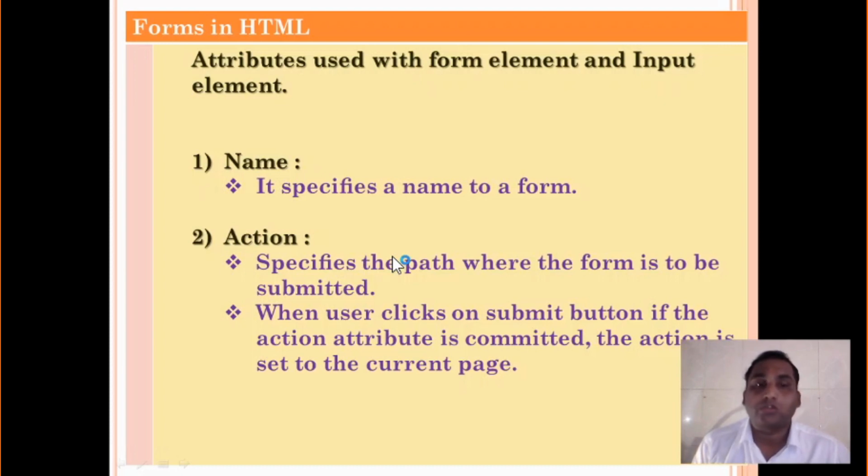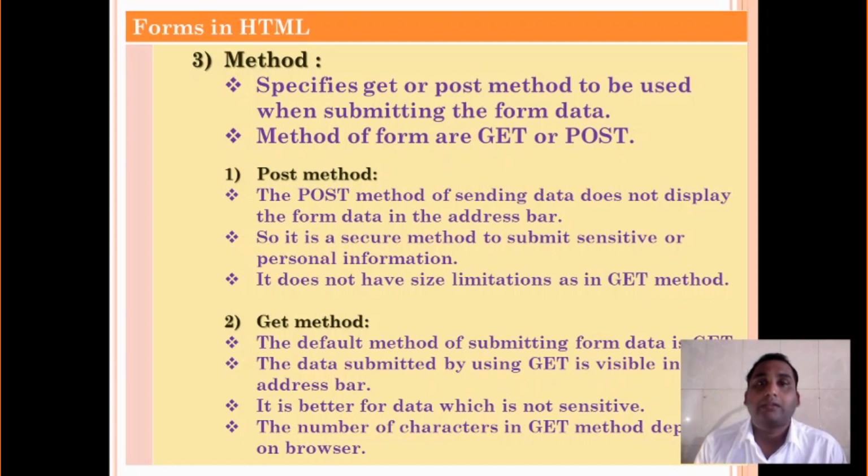There is a submit button at the end of every form. When the user clicks on the submit button, the data is submitted. If the action attribute is omitted, the action is set to the current page. So action is used to specify where the form data is to be submitted.